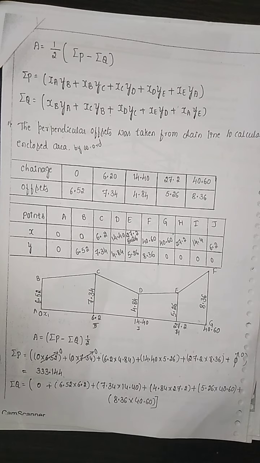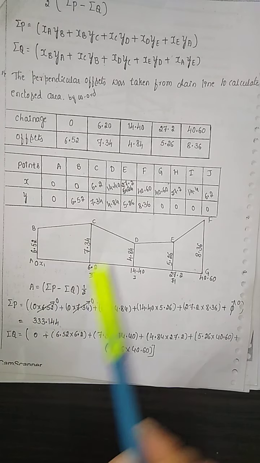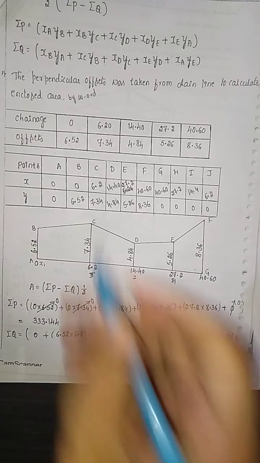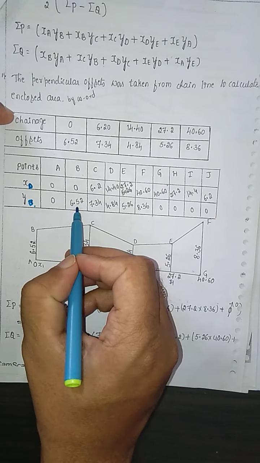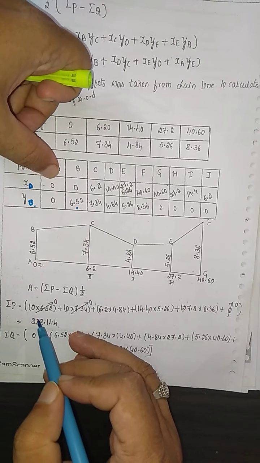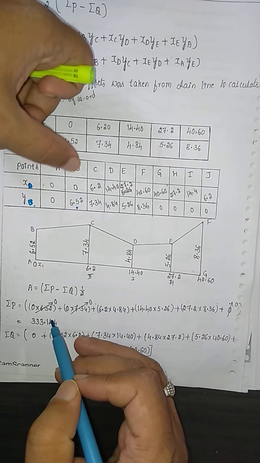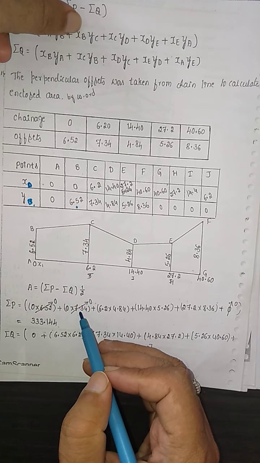Now the formula is half sigma p minus sigma q. What does the sigma p formula say? It is xa into yb. Here this is your A and this is your B, so xa is 0 into yb, 6.52, which is 0. Next, xb into yc.